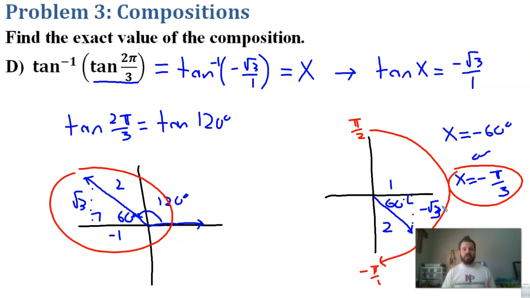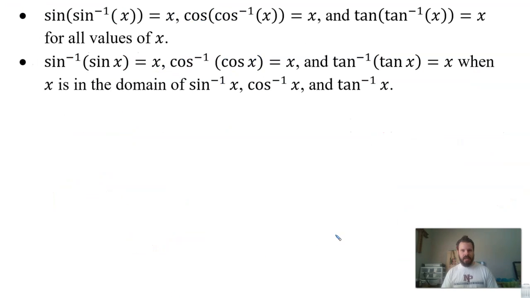Okay, so as far as that shortcut goes, if the inverse is on the outside, we can't just cancel things out if my angle falls outside of the restrictions on the inverse function. Okay, to sum that all up for you, sine of sine inverse, cosine of cosine inverse, and tangent of tangent inverse of x is just equal to x for all values of x.